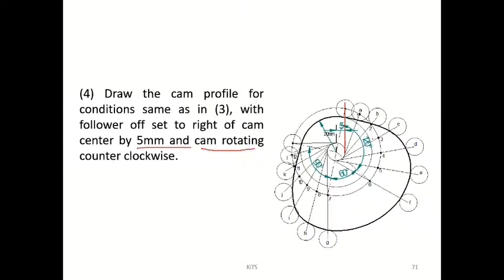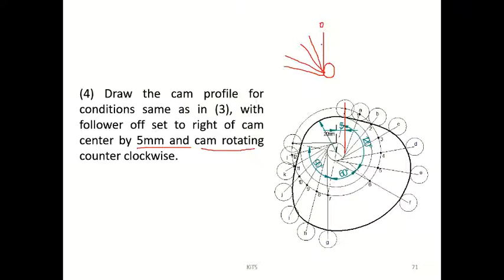In the previous two cases with offset, you took 0, then 20, 40, 60, like that, because the cam was rotating in the clockwise direction.